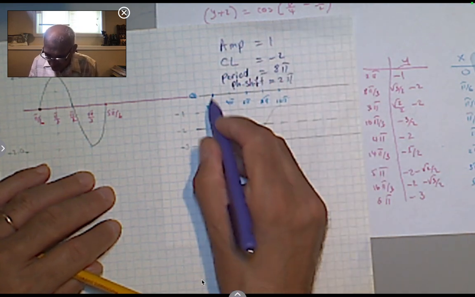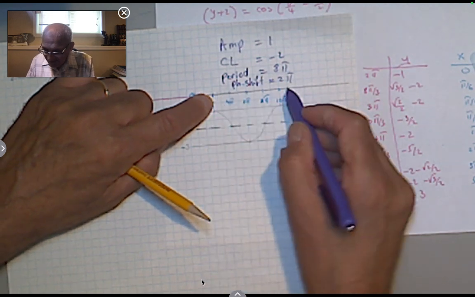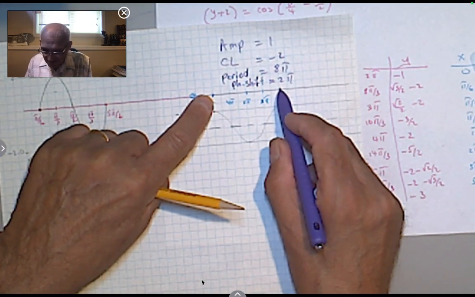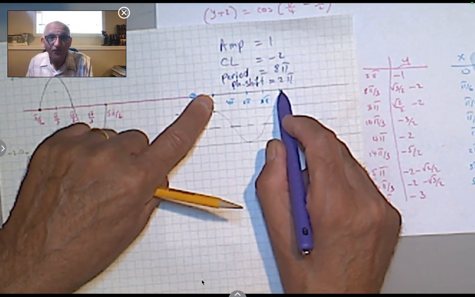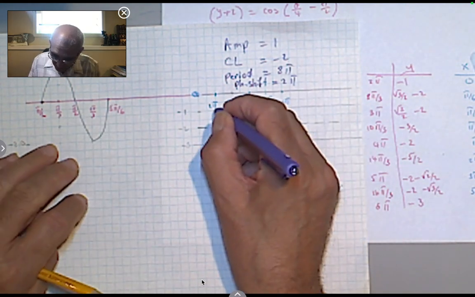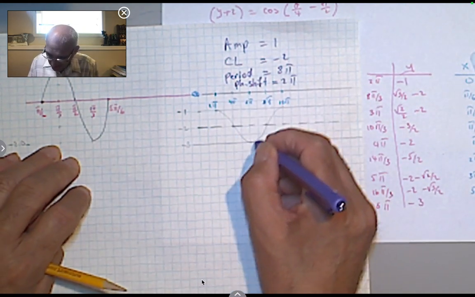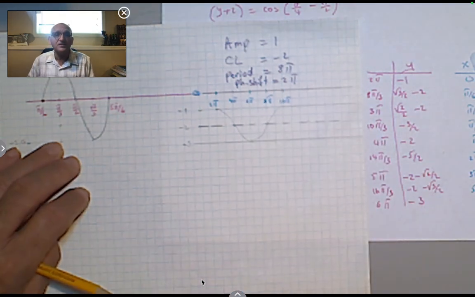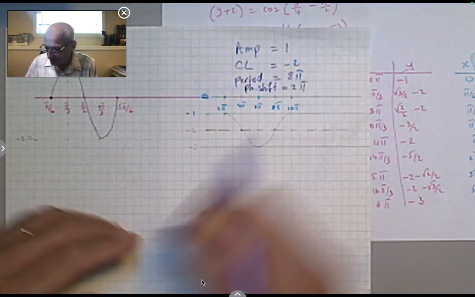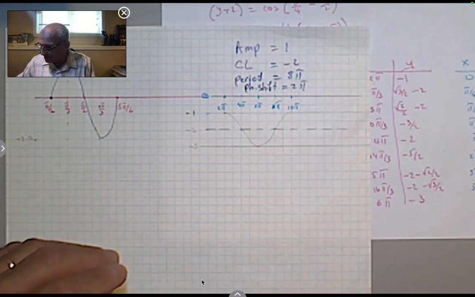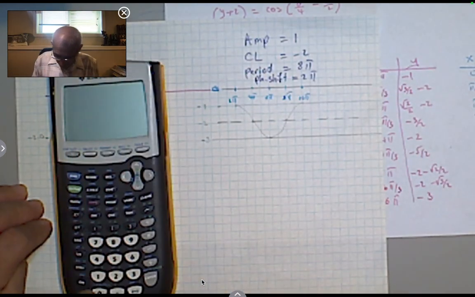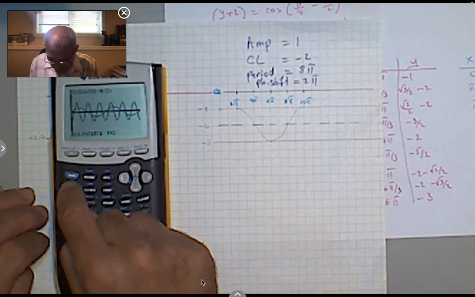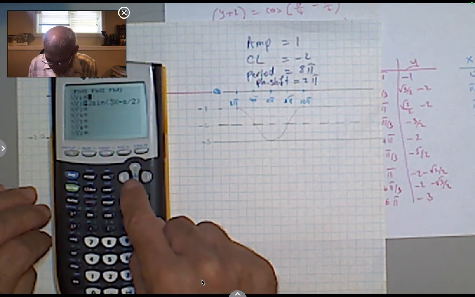We divide the period into 4 pieces because we go from maximum to middle to minimum to middle to maximum to complete a whole cycle or period.